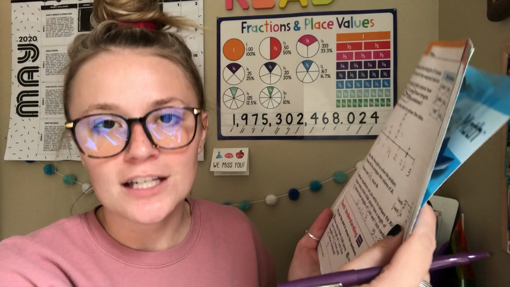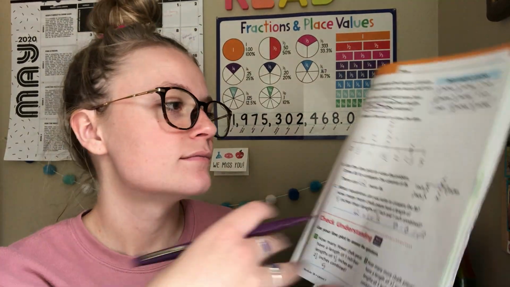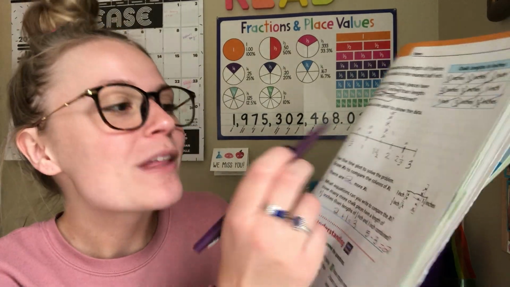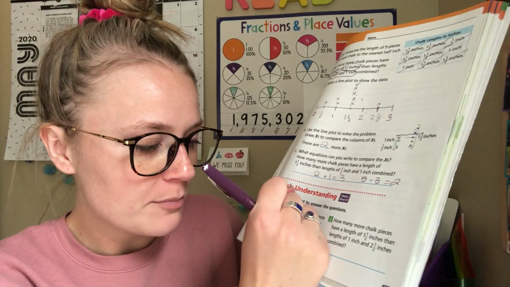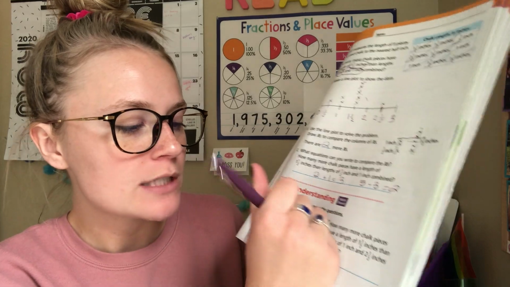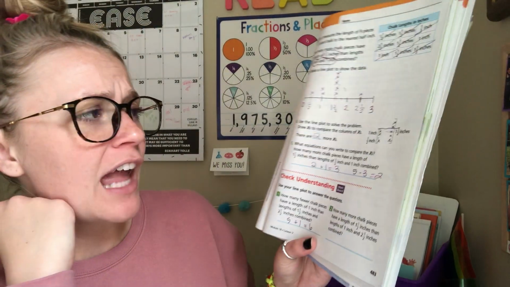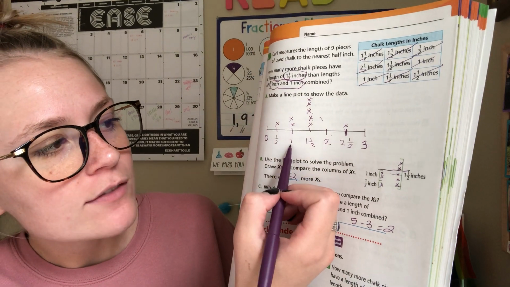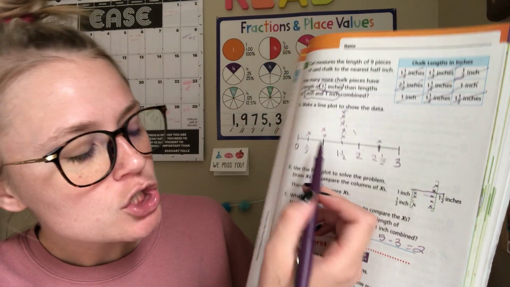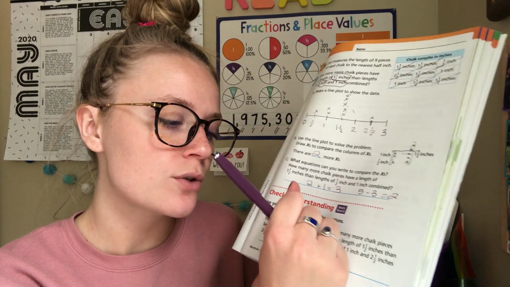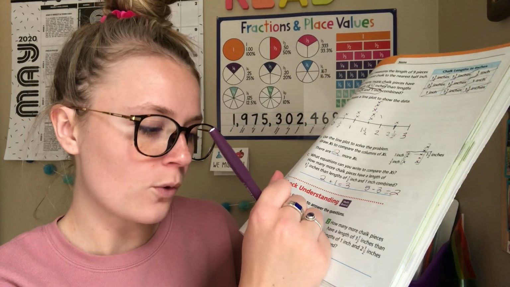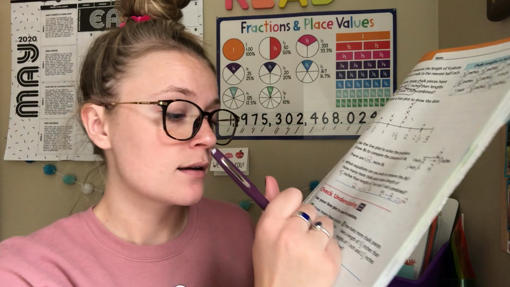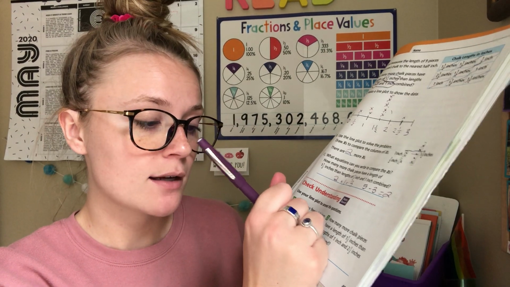The measure is 2 1/2 inches, so there's only 1 piece of chalk. So I'll just do 5 plus 1 equals 6. And then compare it to the pieces of chalk that have a length of 1 inch. And that is 2. So I'll subtract 2. And that equals 4. So there are 4 fewer 1 inch pieces of chalk.